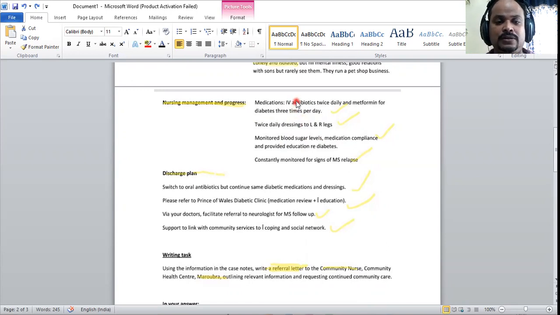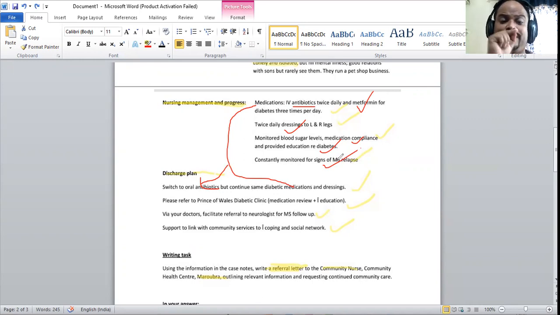But this IV antibiotics, you are now going to oral antibiotics. So we are switching this IV antibiotics to oral. That is the only change. Rest everything, metformin, daily dressings, medication compliance, education, constant monitoring, everything we need to continue in that setup too.